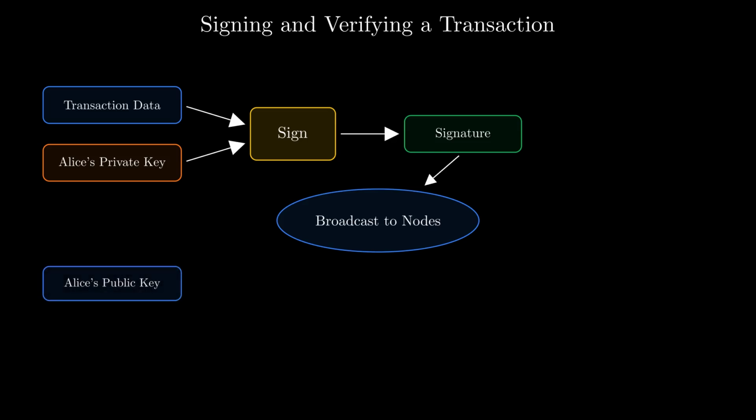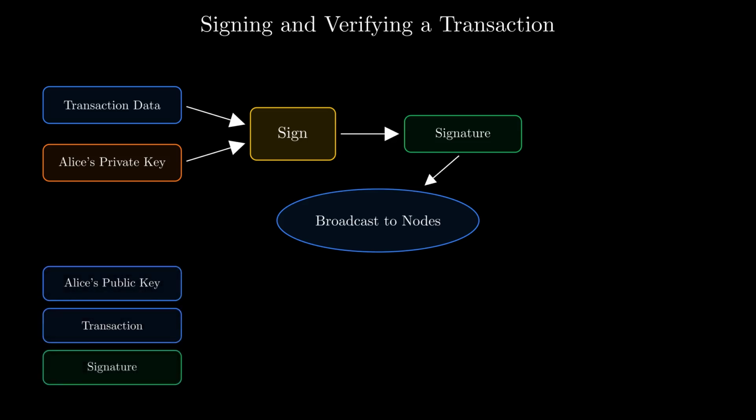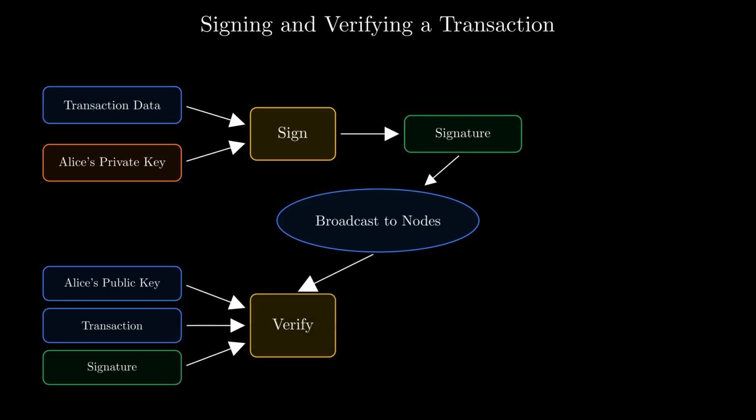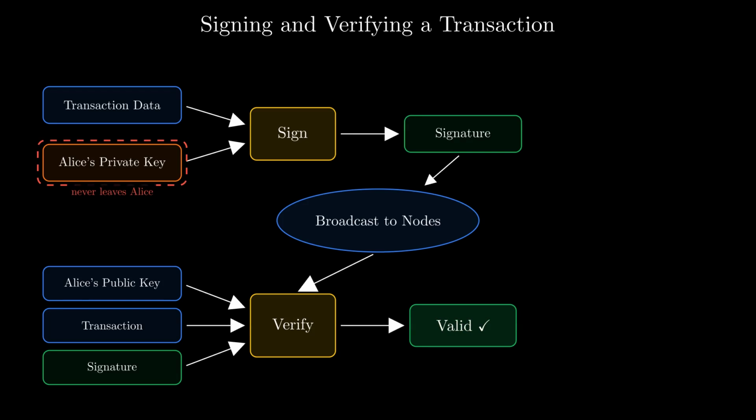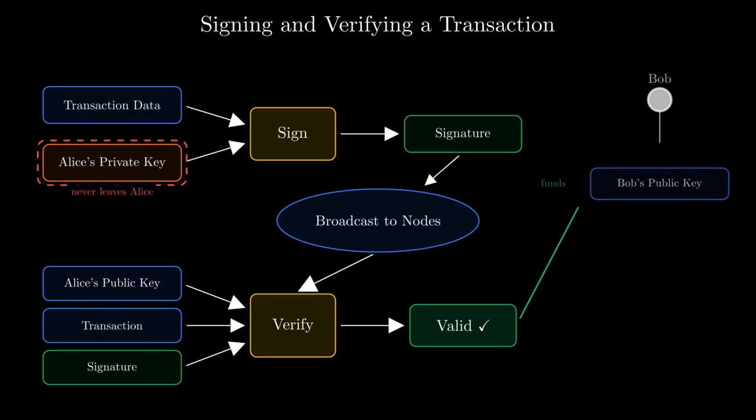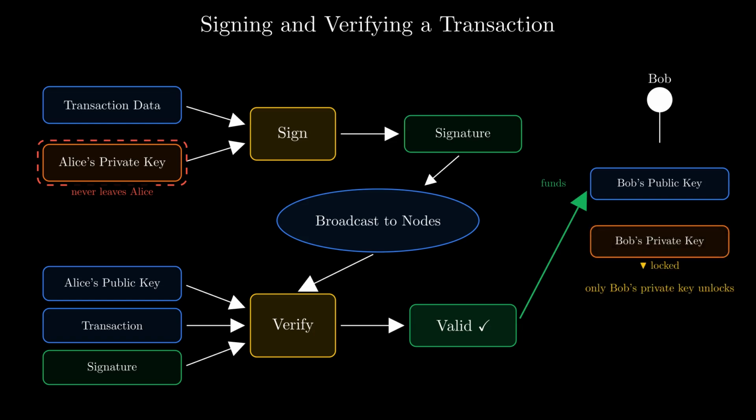Every node on the network takes Alice's public key, the transaction, and the signature, and runs a verification equation. If the math checks out, the transaction is valid. Alice's private key never leaves her device. Bob receives the funds at his own public key, and only his private key can later unlock them to spend.